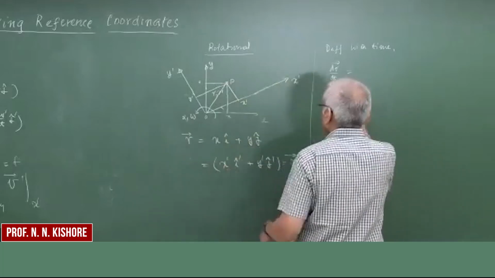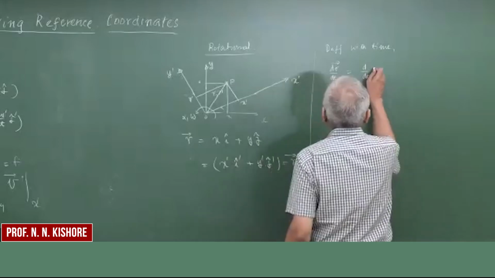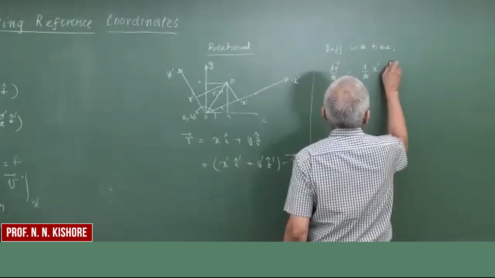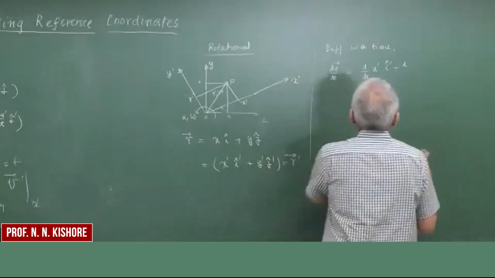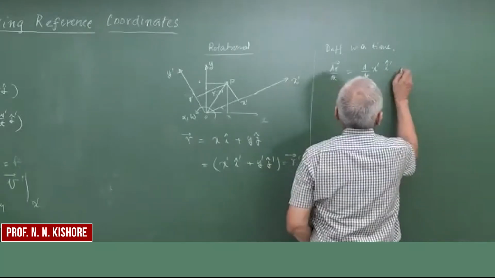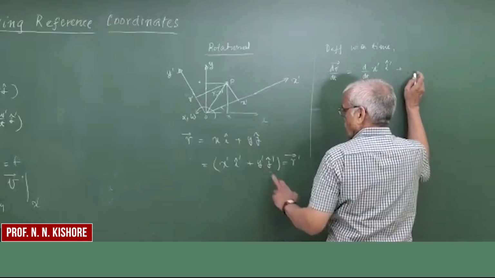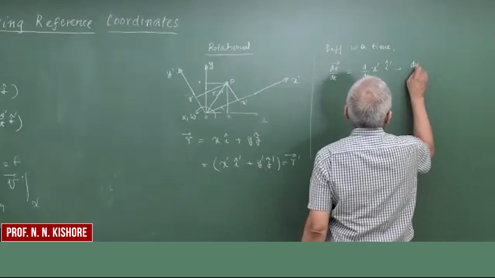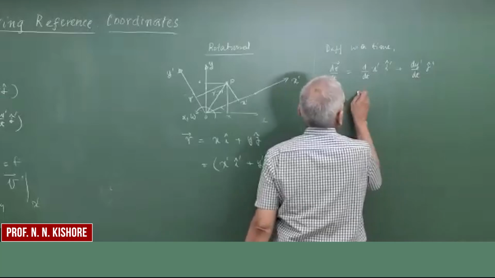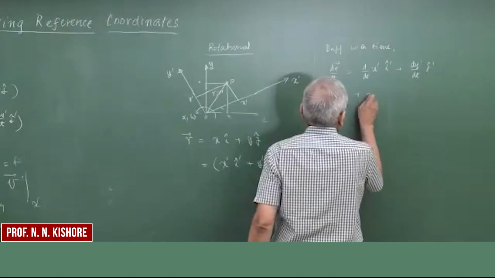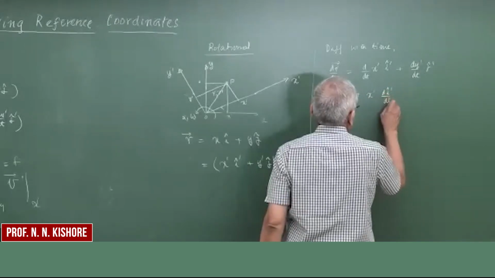And here, d by dt of x prime i prime, and the second one also I'm putting here at the moment, x prime di prime by dt.